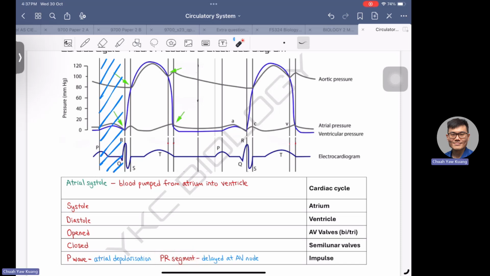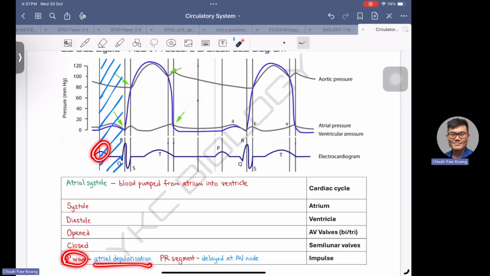This delay of the impulse at the AV node is very important because when the P wave occurs, atrial depolarization occurs, meaning that the sinoatrial node is generating the impulse and causing the right atrium to contract. But the left atrium needs some time to receive the impulse.